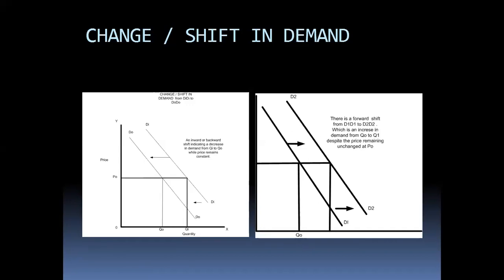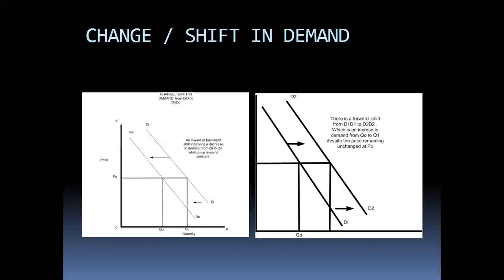All these, if the effect is negative, will bring about an inward shift in the demand curve. That is, we look at the demand curve on the left of your screen. There is an inward movement, or in some cases referred to as a backward shift, indicating a decrease in demand.